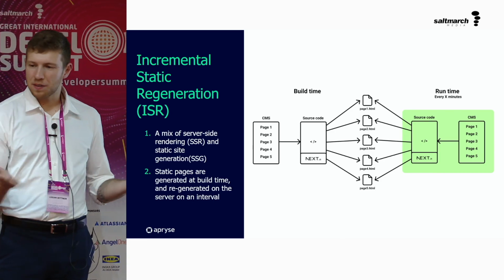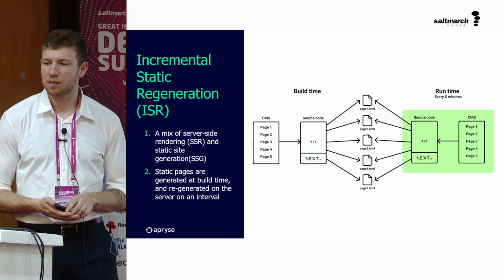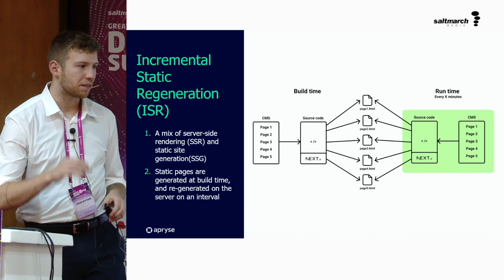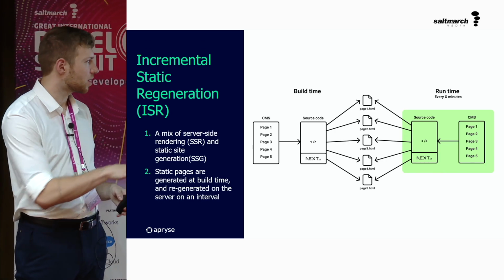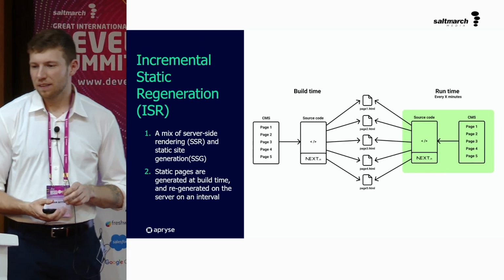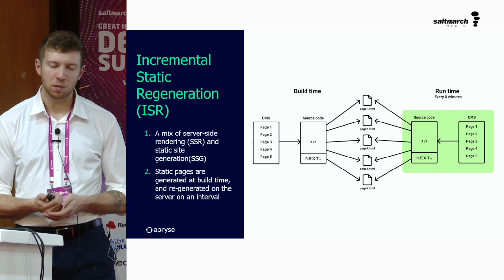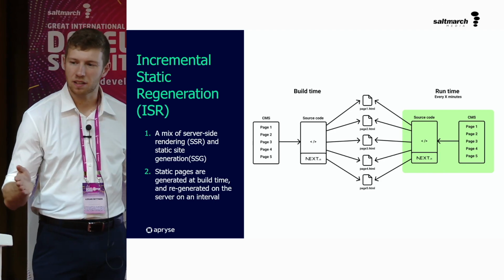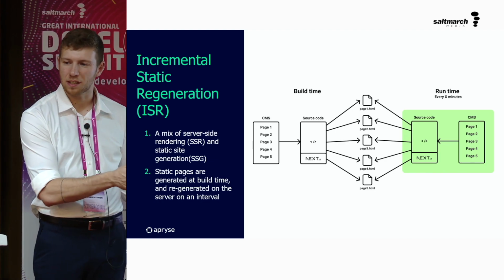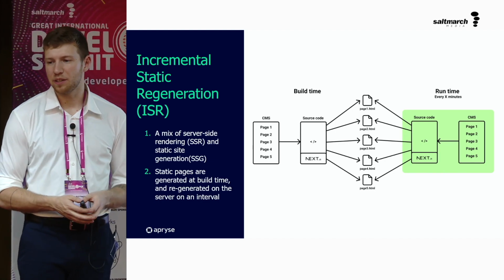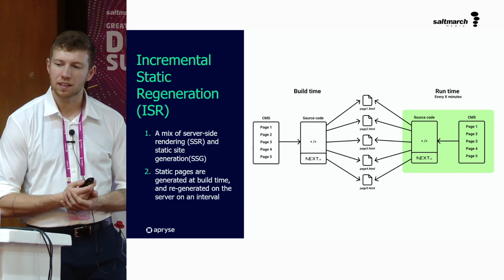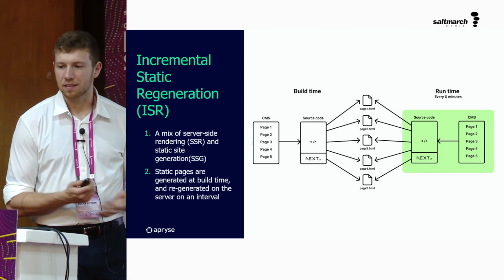So let's say every 15 minutes, it's configurable, but let's say every 15 minutes, Next.js is going to rebuild these files and re-push them to your CMS, which is great for a website like a blog. With a blog, it's okay if there's a 15-minute lag between you publishing it in your CMS and it going live. Your users won't notice that 15-minute lag, and that's totally okay.